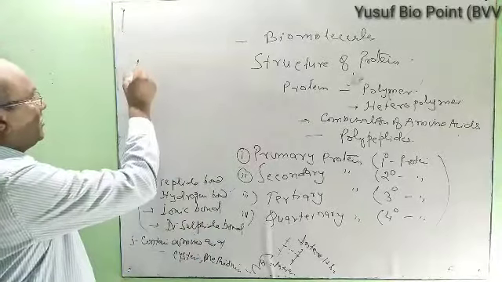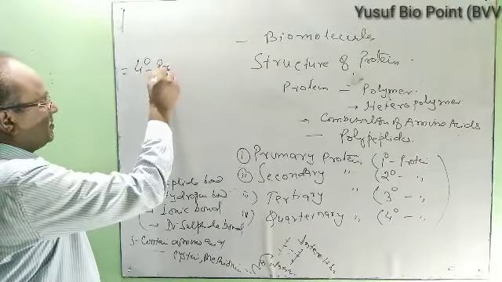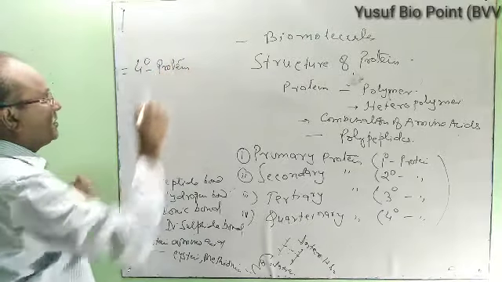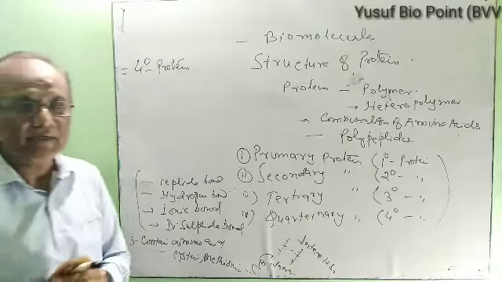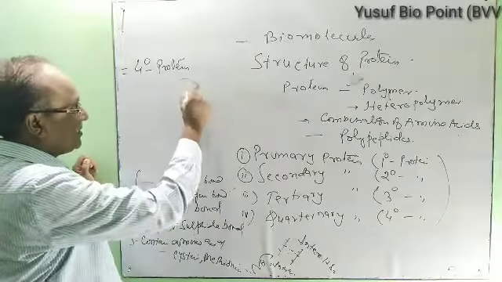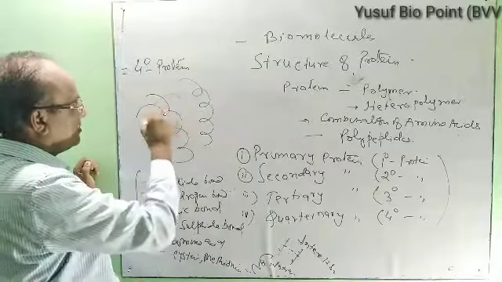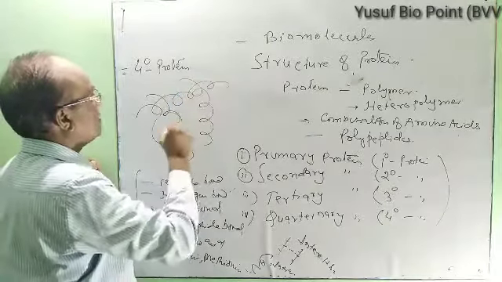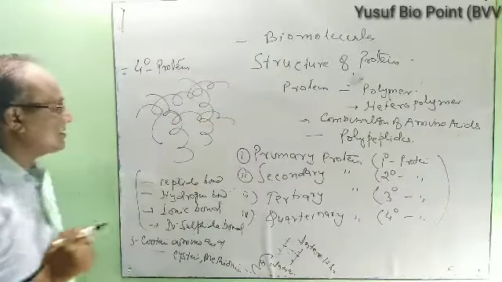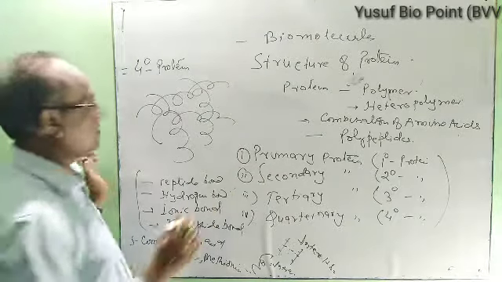Now the quaternary protein. This protein is a mixture of some proteins. Such a type of protein is a complex protein, a cube-like protein.